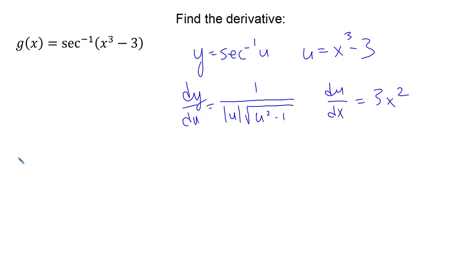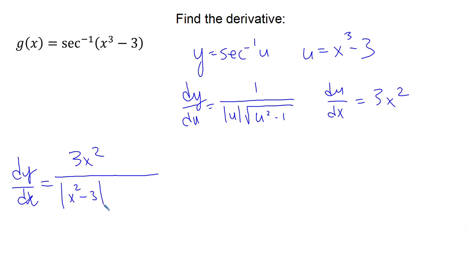So when we multiply those together, we're going to have dy/dx equal to 3x squared divided by the absolute value of x cubed minus 3 times the square root of (x cubed minus 3) squared minus 1.